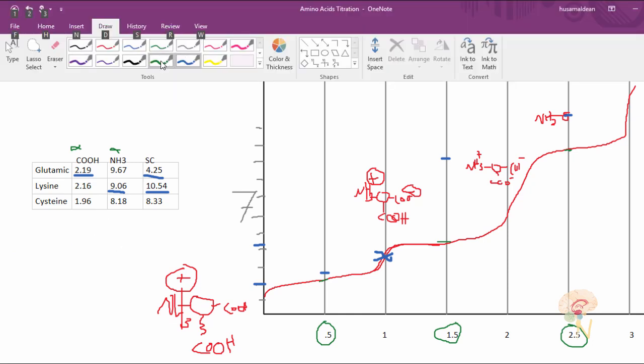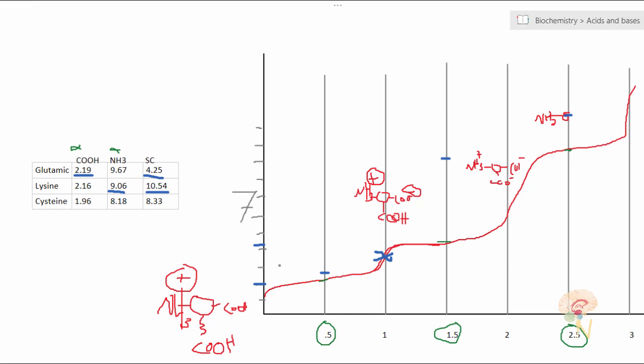Another color, this color. Starting again from here, we'll have the same general shape, like this, and here a little increase like this, and like this. This is the titration curve for lysine.